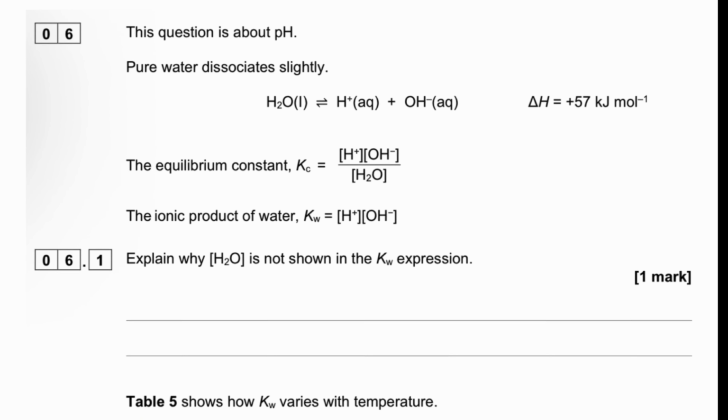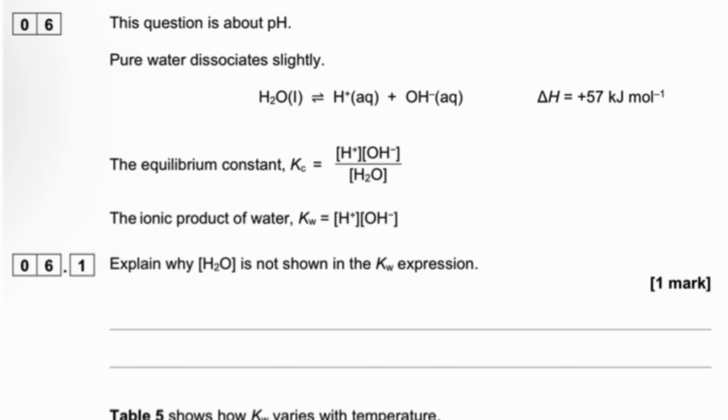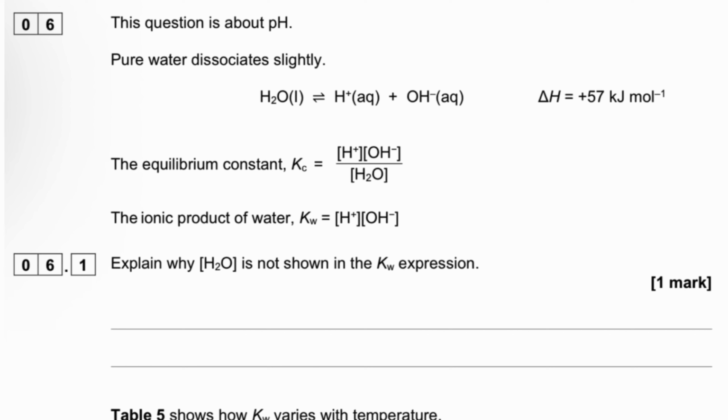So this question is about pH, and pure water dissociates slightly, as we already discussed. You can see that they're given the same expression, that water dissociates with that equilibrium, and that the equilibrium constant Kc is the concentration of hydrogen ions times the concentration of hydroxide ions all over the concentration of water. Now, the ionic product of water, they've shown you the simplified Kw expression.